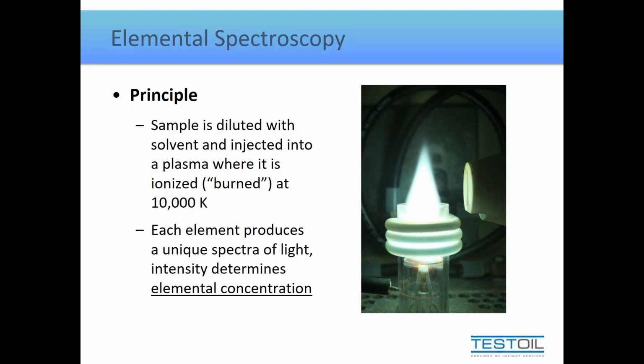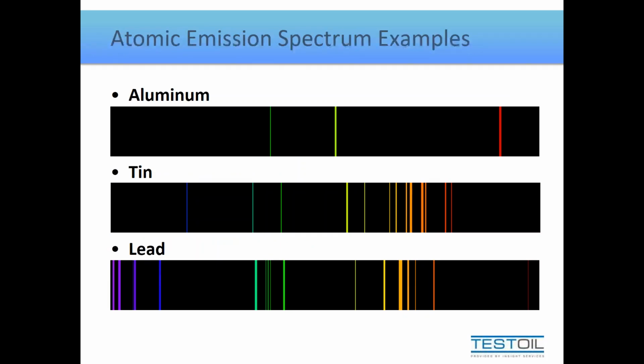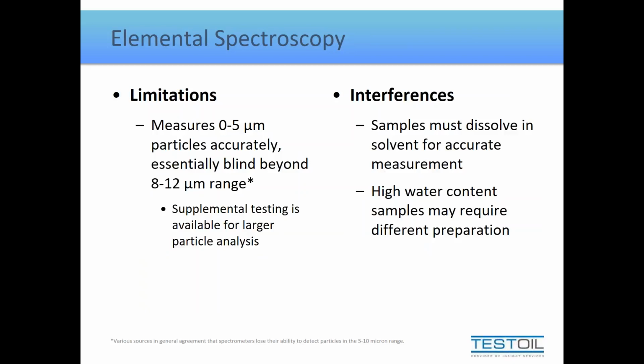If it does not, then it escapes complete detection. So as such, the second fundamental thing about this test is that it is known to accurately measure particles within the 0 to 5 micron range. Beyond 5 microns, up to about 10, using a round number, the accuracy drops off significantly, and beyond that approximate 10 micron value, this test does not measure the particle accurately.